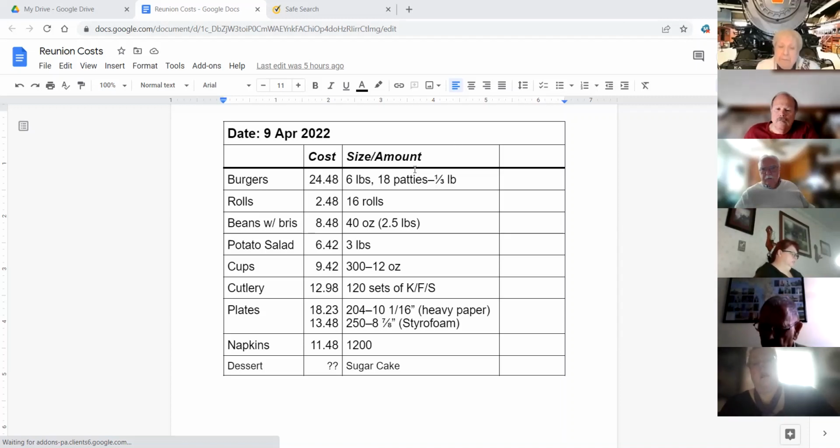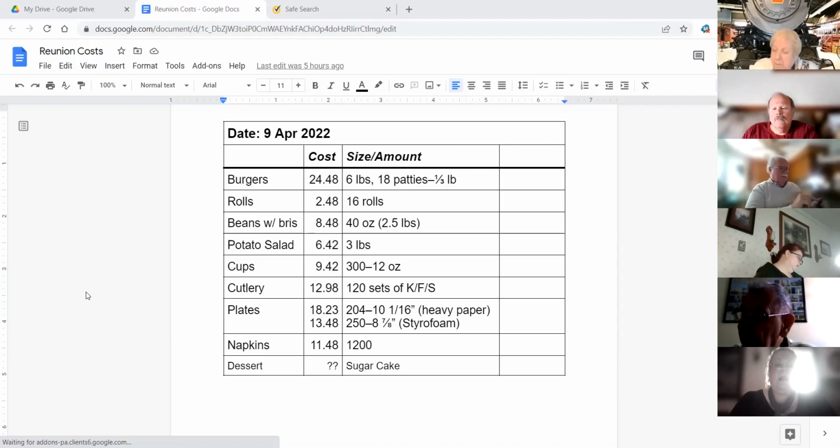And then we can come across a price that we can talk about if we think it's too much or whatever. You know what I'm saying? Like if we're doing 50 people at the burger price, then that would be $75. I was just rounding it up, for burgers.